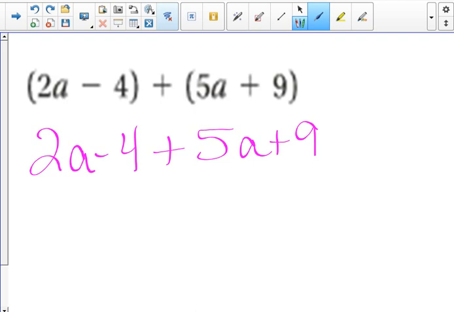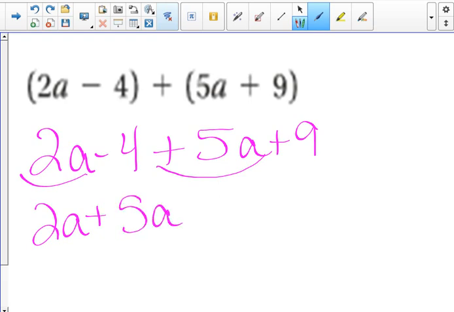All right? Now, we're going to just look at what we have. We've got add and subtract from left to right. So let's just combine our like terms. So we've got a 2a and we have a positive 5a. So you can rewrite them if you need to do that step. If you leave that step out, it's no big deal.